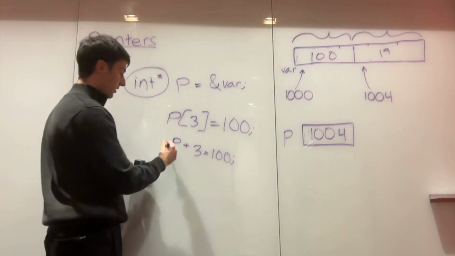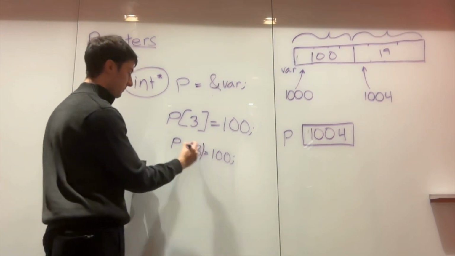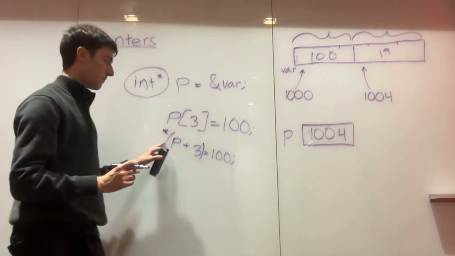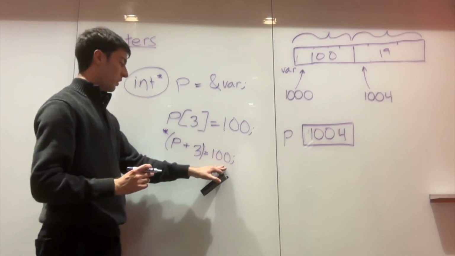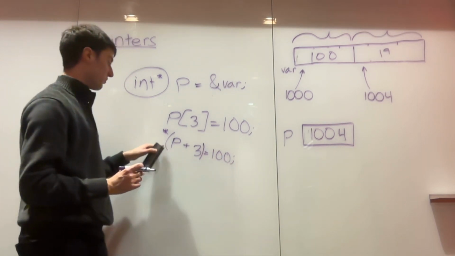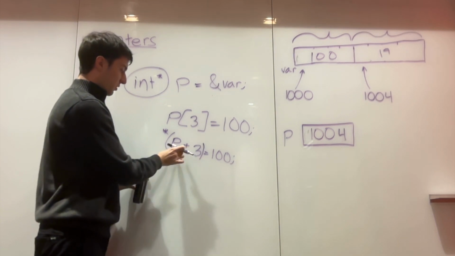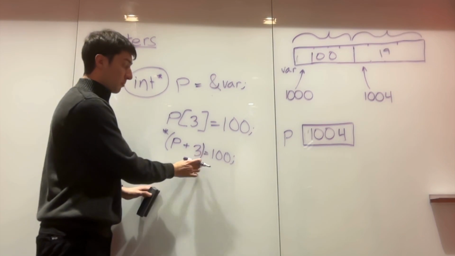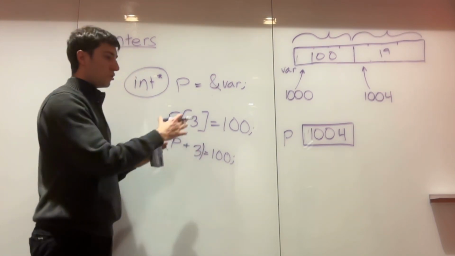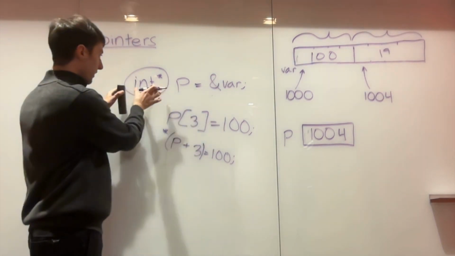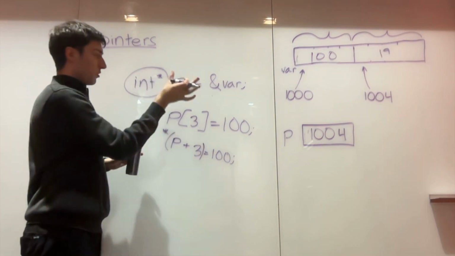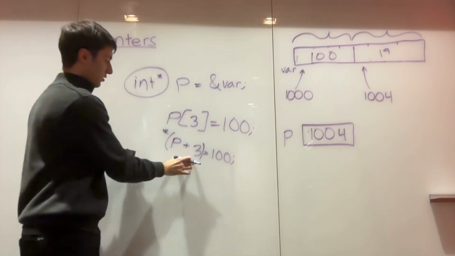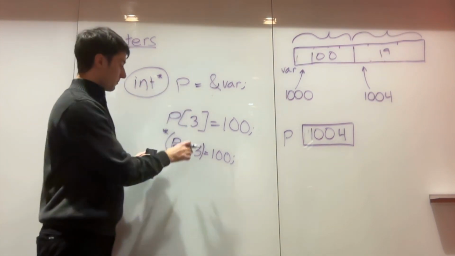Actually, I made a mistake here. So this is p plus 3, and then we need to dereference it, okay, to assign the value 1000. So this is one thing. It takes p and then increments it by, not by 3, but by 3 units. And the unit is, in this case, integer. It could be a float, it could be a char, it could be a Boolean, whatever, right? So it increments it by 3 units.